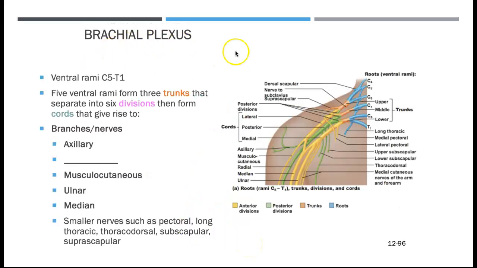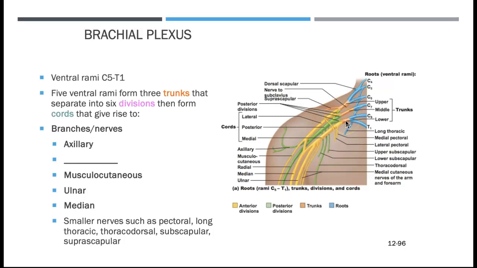And then we have our brachial plexus, which comes from C5 all the way down to T1. We are able to take these 5 rami and then convert or intermingle them to create 3 trunks that you see in orange here. We have an upper, middle, and lower trunk.